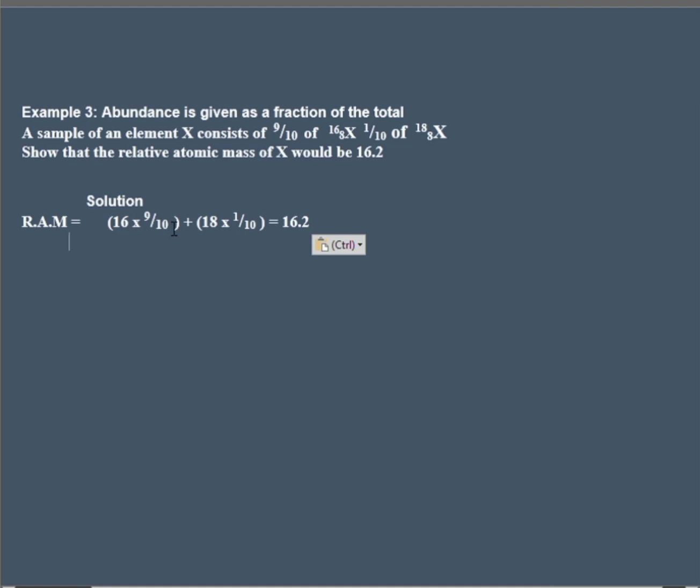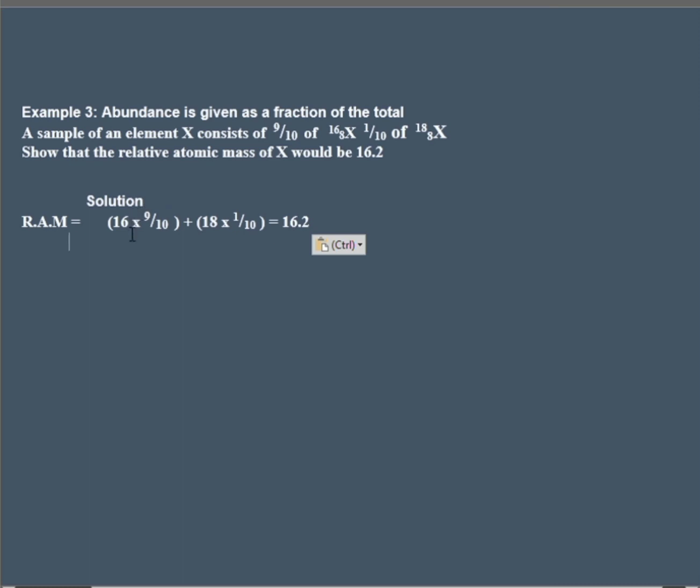Now the relative atomic mass will be, because the mass number for the first isotope of X is 16, 16 multiplied by 9 over 10. Then we add the second one, which is 18, multiplied by 1/10, because the abundance of the second one is 1/10.